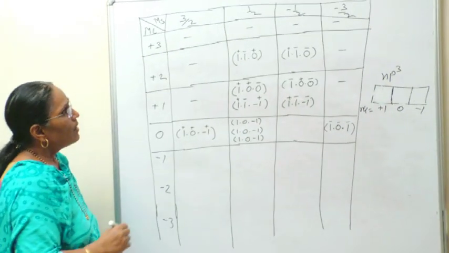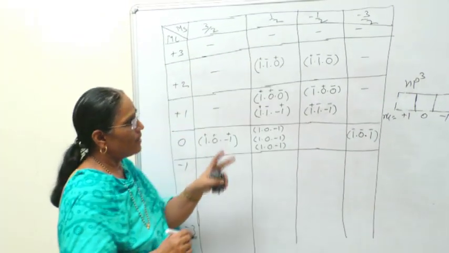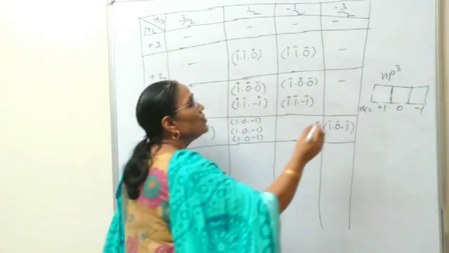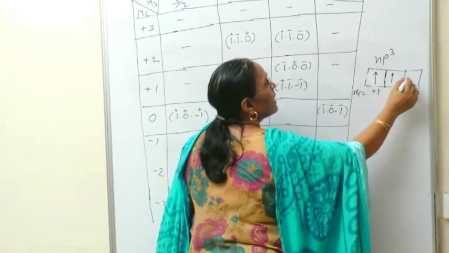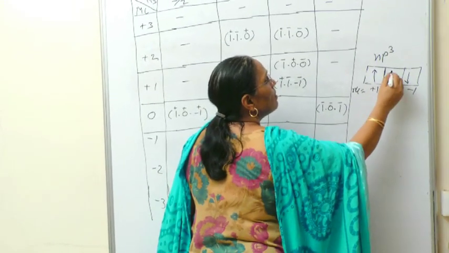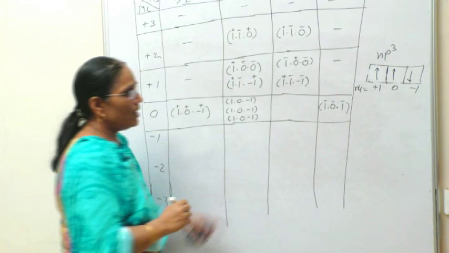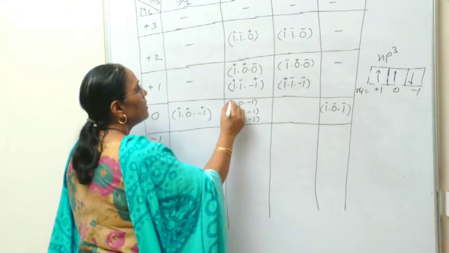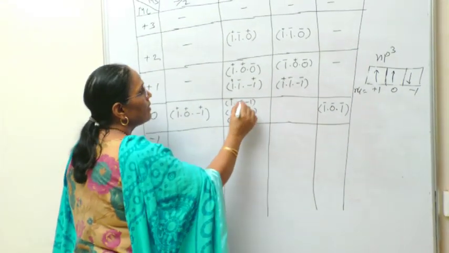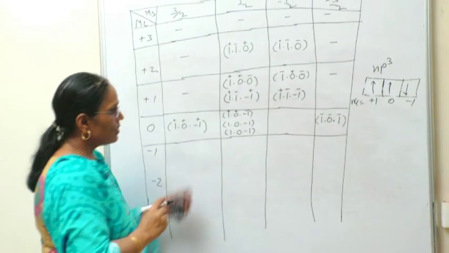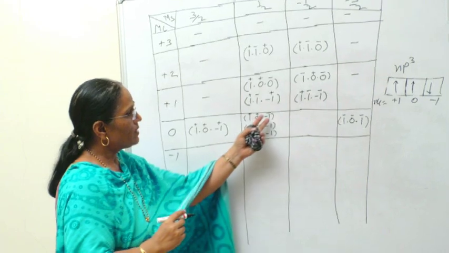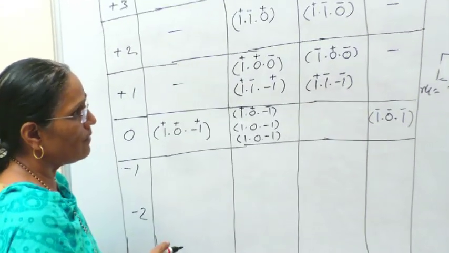In order to get plus 1/2, we can show the spins of any 2 electrons as plus 1/2 and 1 electron as minus 1/2. In this arrangement, the first electron is plus 1/2, the second electron plus 1/2, but the third electron is minus 1/2. So the total spin, 2 plus and 1 minus, comes to plus 1/2.